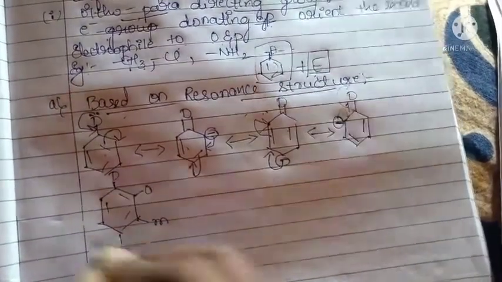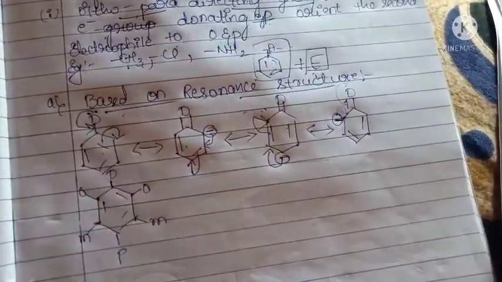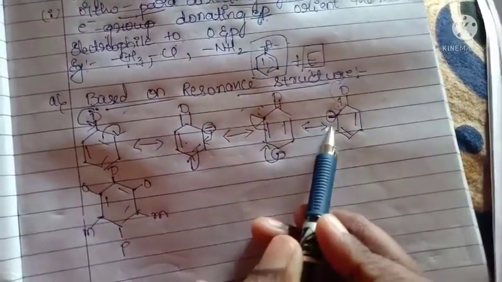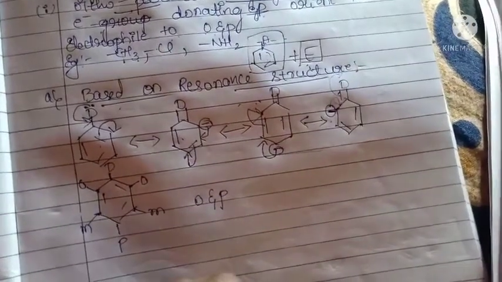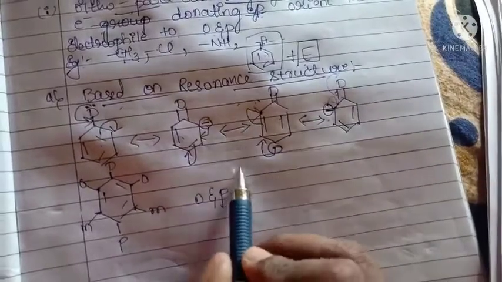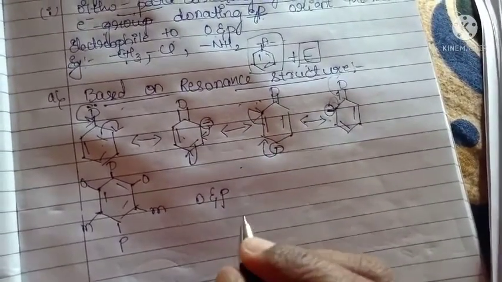This is the ortho position, this is the meta position, this is the para position, this is the meta position, this is the ortho position. Here you have to observe that the negative charge comes at only ortho and para positions. Okay, ortho and para position. So it is an ortho and para directing group or orientating group.